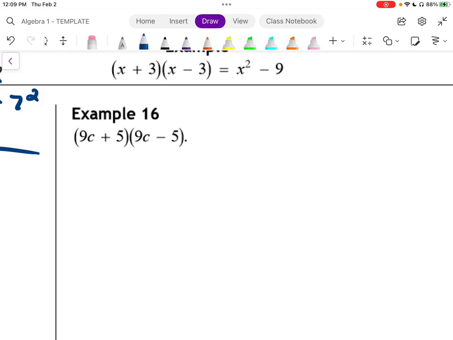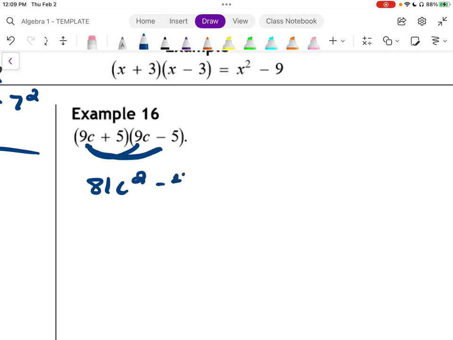This one again is a conjugate, right? We got 9c plus 5 and 9c minus 5. So again, we should recognize that. We should say, well, later on in the problem, something should cancel out. So 9c and 9c is 81c squared.